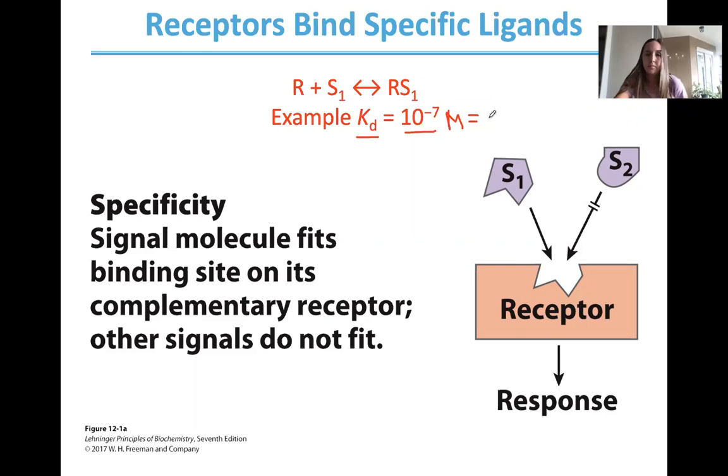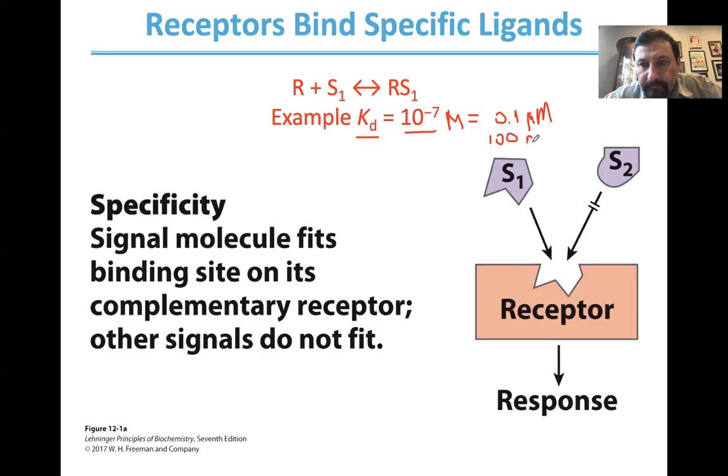No. If 1 micromolar is 10 to the negative 6, then 10 to the negative 7 will be 0.1 micromolar. Or somebody said 100, so it will be 100 nanomolar. Does everybody agree?